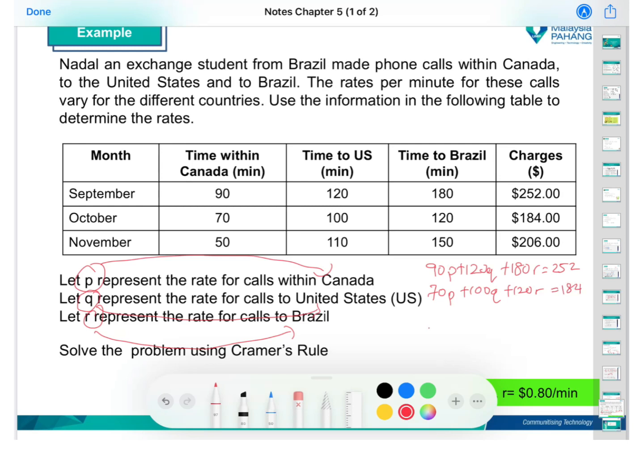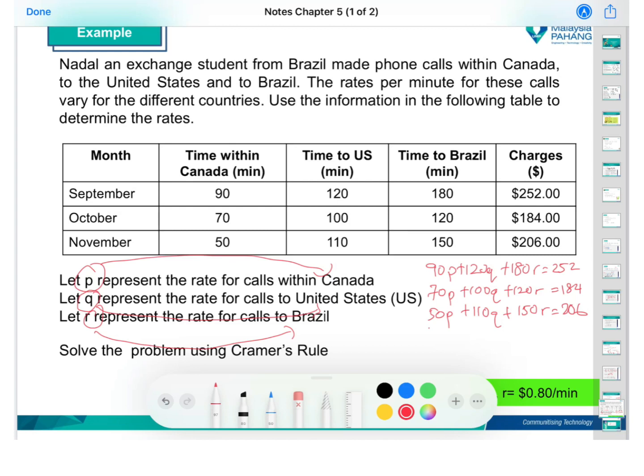And in November, he calls again, Canada for 50 minutes, US for 110 minutes, and Brazil 150 minutes. And it cost him 206.